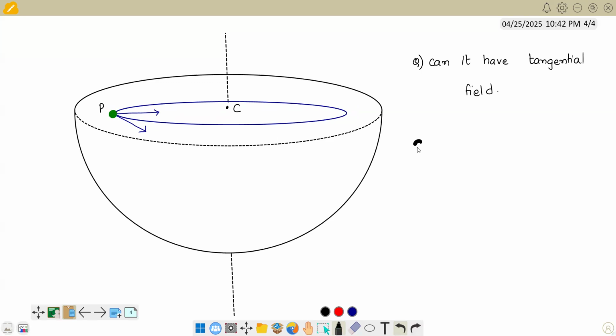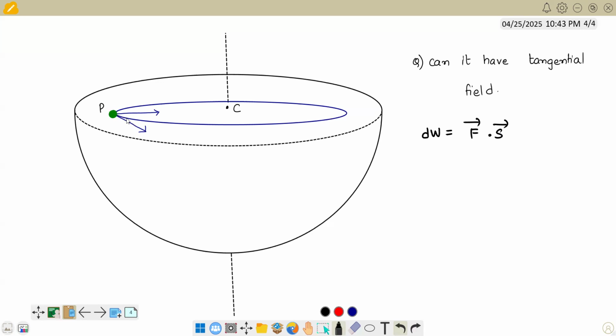And when you try to find the work done in this process, for a very small displacement, the radial one does not contribute anything, because work done is F bar dot S bar.